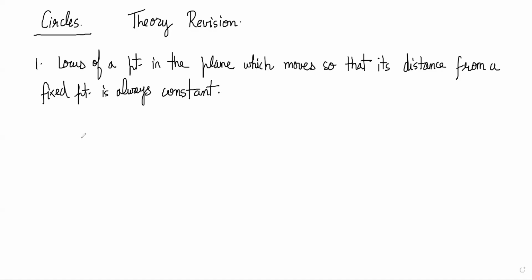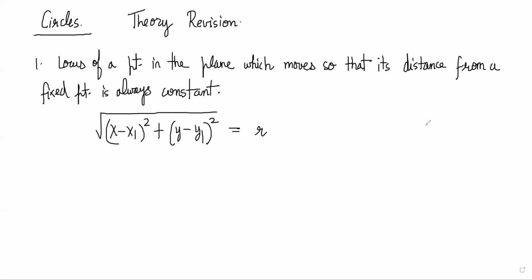So now the locus of this circle can be gotten by distance formula. So you can say x minus x1 whole square plus y minus y1 whole square is equal to r. Here x1, y1 is the fixed point or the center of the circle, and r is the radius.